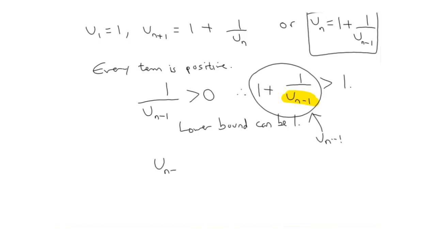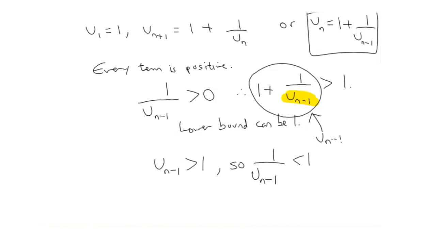So if U(n-1) is greater than 1, well, that must mean that 1 over U(n-1) is going to be less than 1. Remember, everything is positive.